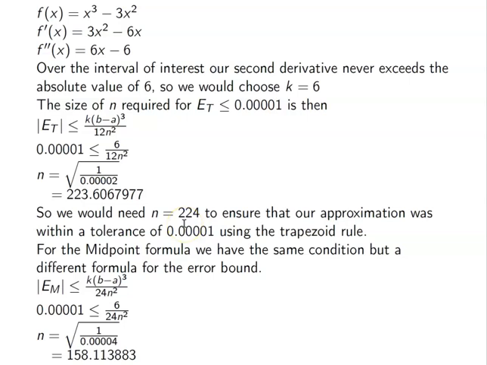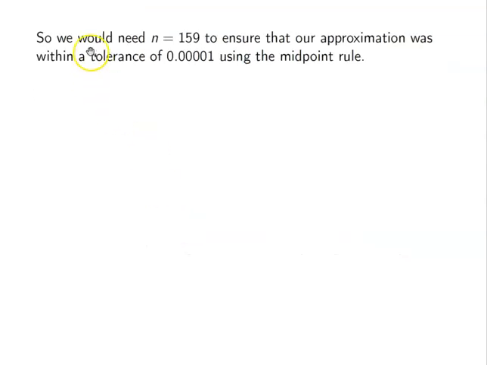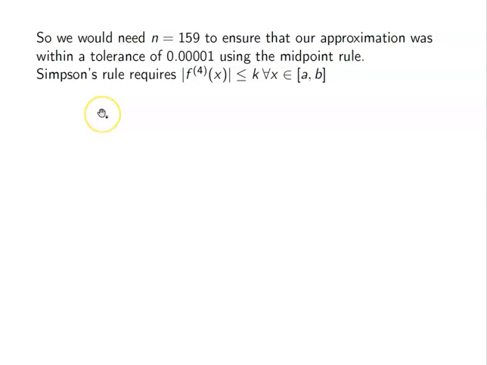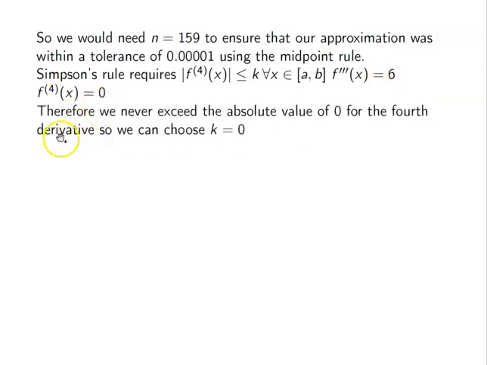If you think about writing the program and having to do several hundred calculations in order to be so accurate, if I use Simpson's rule, I need to take the fourth derivative. My third derivative would be 6, and my fourth derivative is 0. Therefore, we never exceed the absolute value of 0 for the fourth derivative, so we get to choose k equals 0.